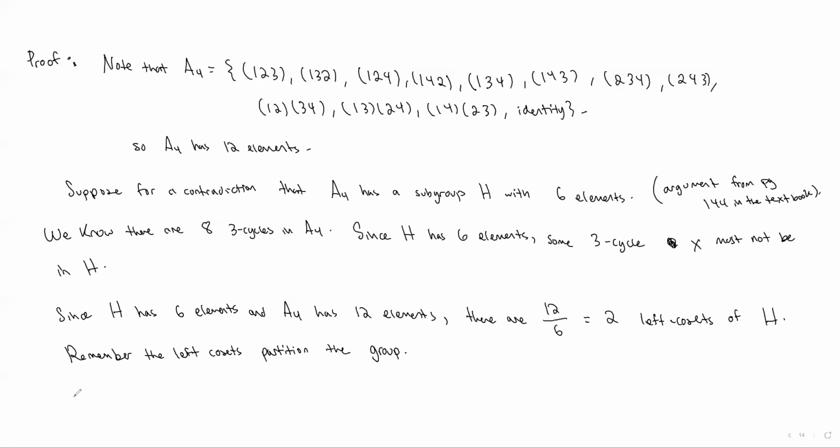The two left cosets are H, which has 6 elements, and then everything not in H, which again has 6 elements.